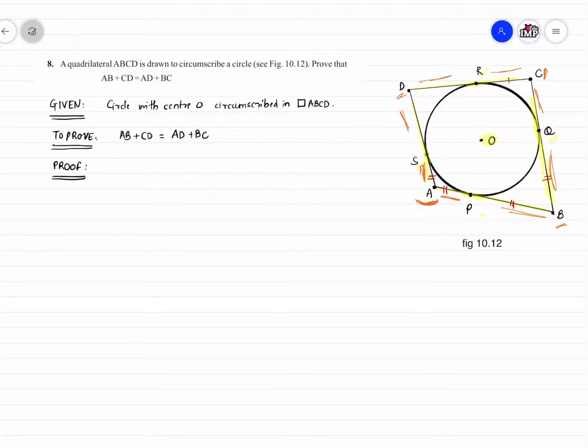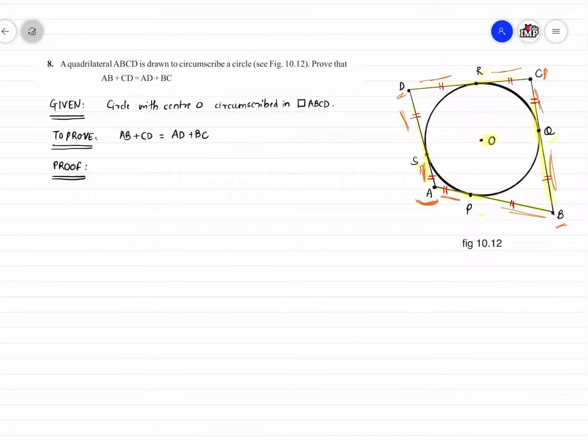Similarly, RC is equal to CQ and DR is equal to DS. So this information we'll use. We'll begin with the LHS, that is AB plus CD, and see if we can substitute this equality that we have got and reach the RHS.